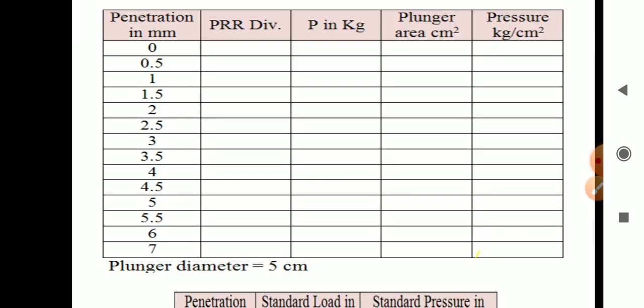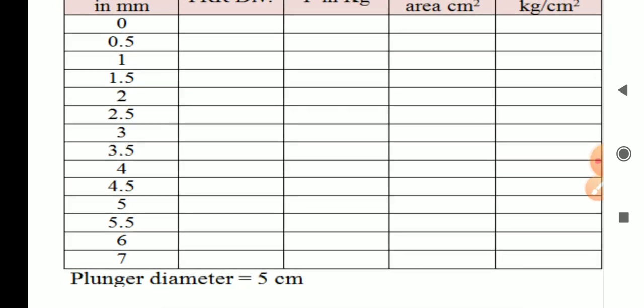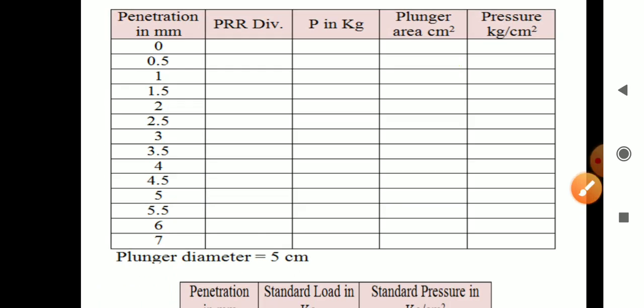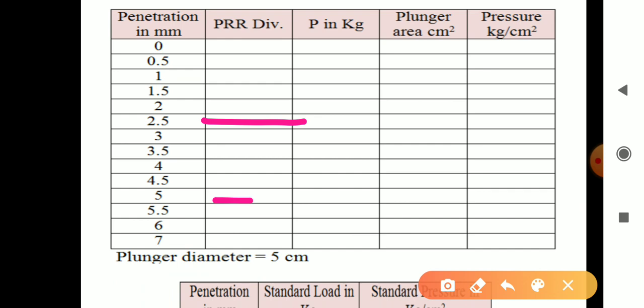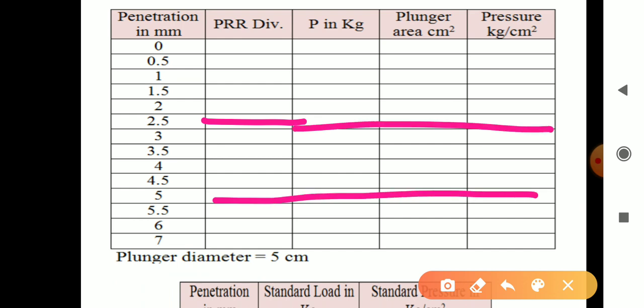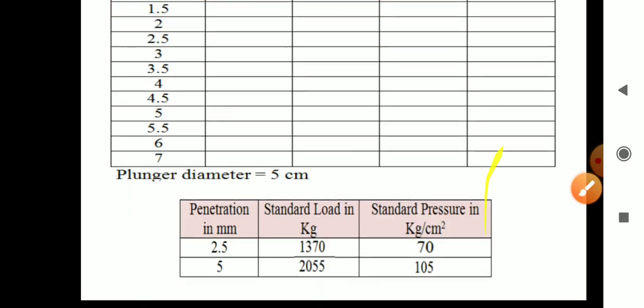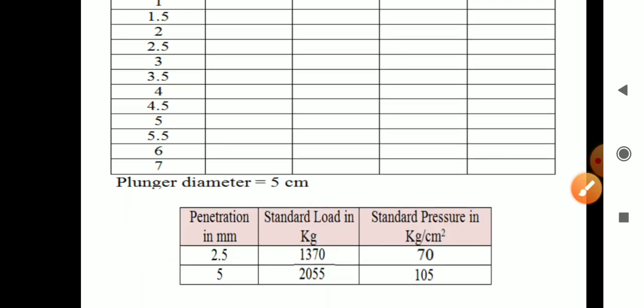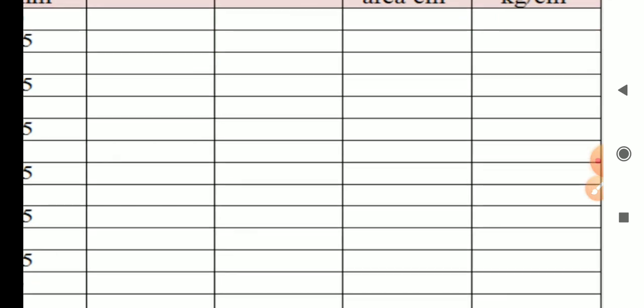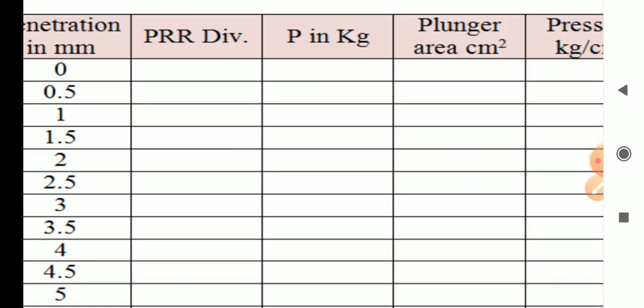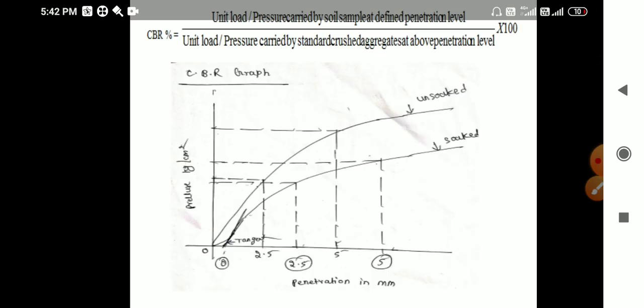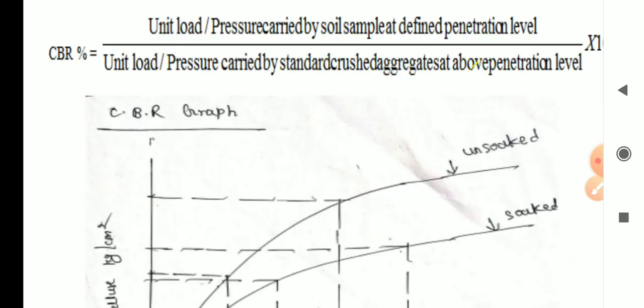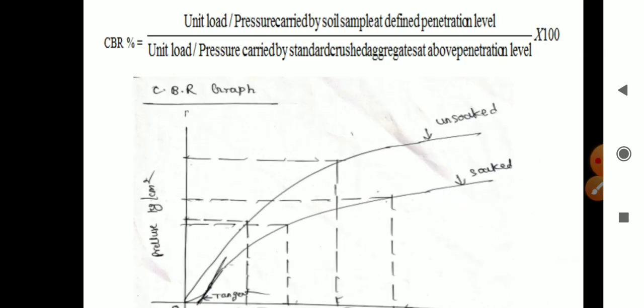For 2.5 and 5 mm, we find how much pressure we get and put it in the numerator, with the standard aggregate values 70 and 105 in the denominator. Similarly, we only want the load in kg; P means load. Using this formula we substitute, and after substituting we will get CBR in percentage.